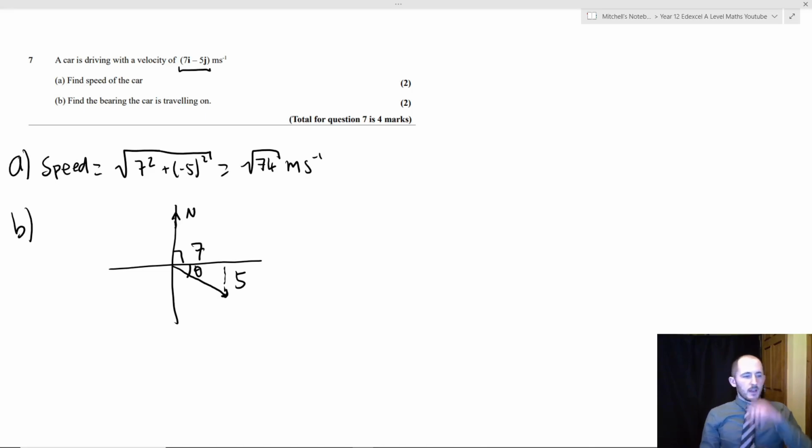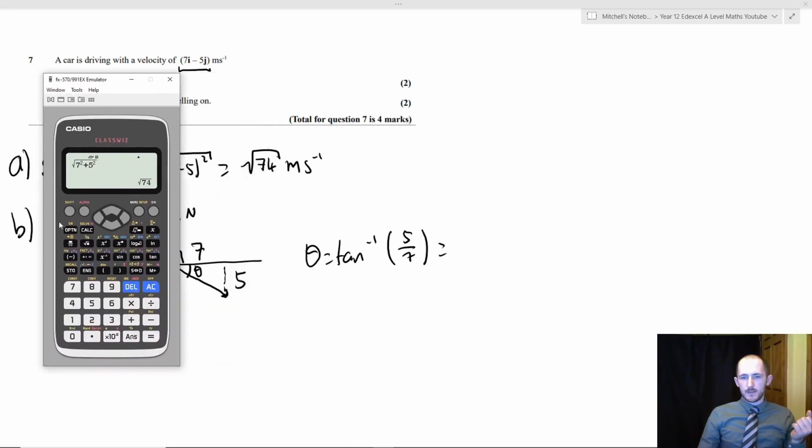Now we have the opposite and the adjacent side. So theta is just equal to inverse tan of opposite over adjacent, so 5 over 7, which is inverse tan, 35.5 degrees.